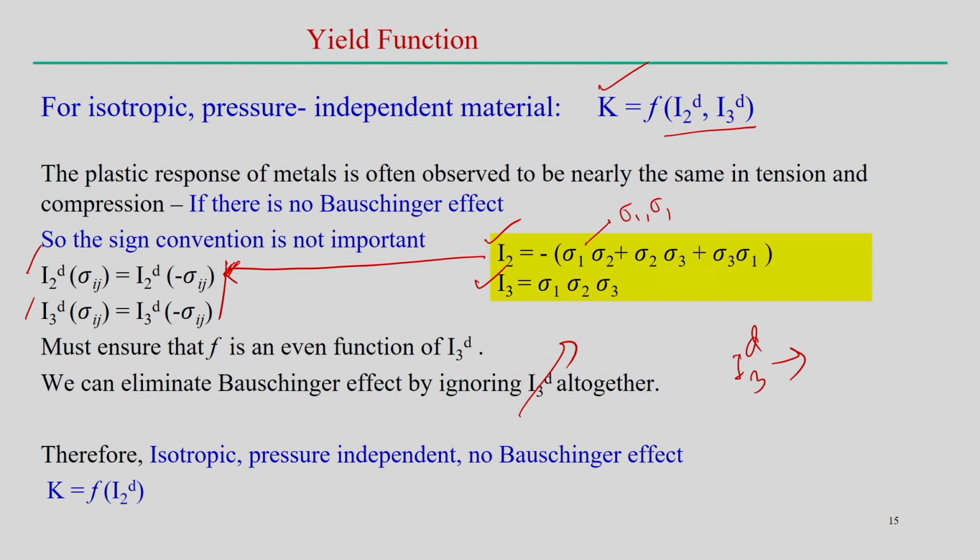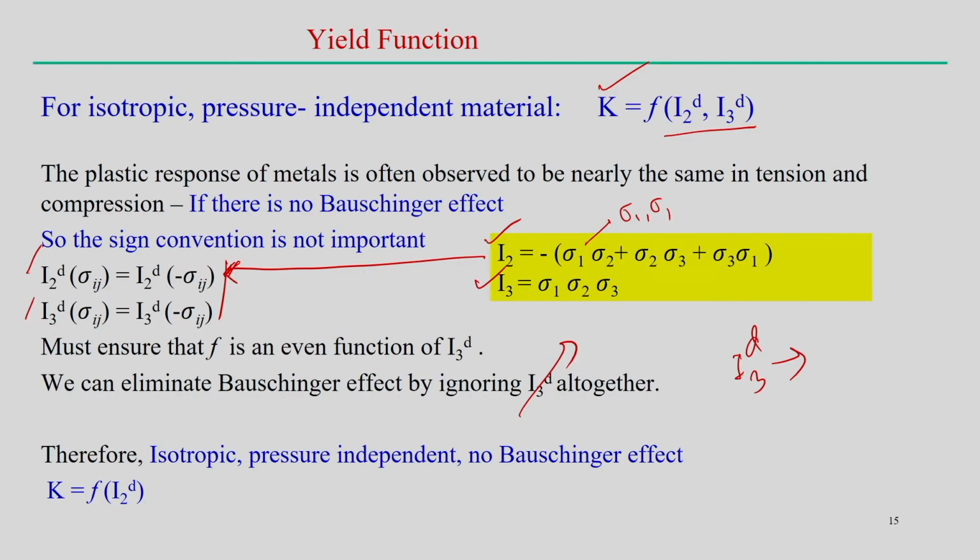Mathematically, it should be an even function, and that is satisfied. So, if we consider an isotropic material with pressure independent yielding, and no Bauschinger effect, the functional form can be further simplified: K is equal to a function of only I2D, the second stress invariant of the deviatoric component.